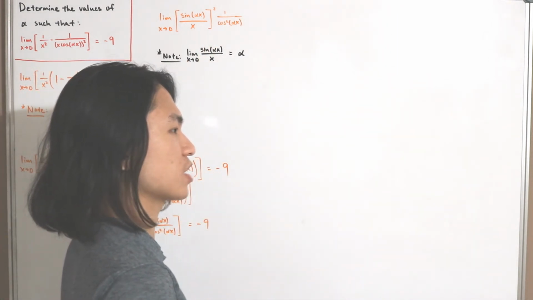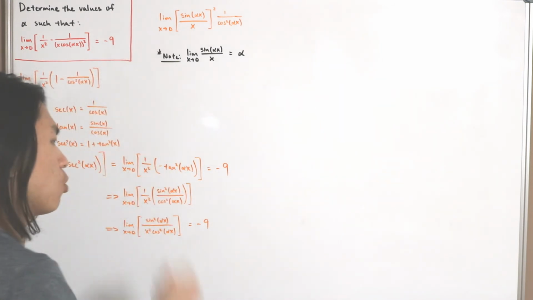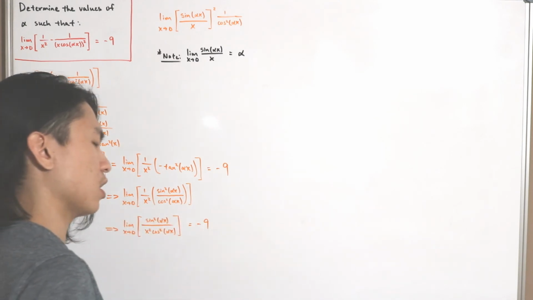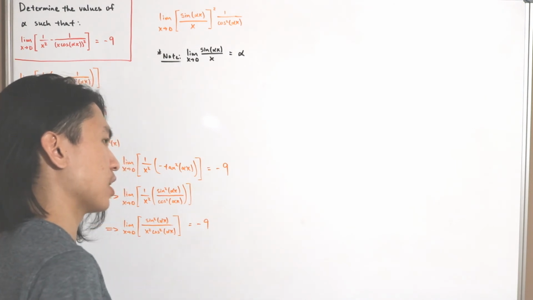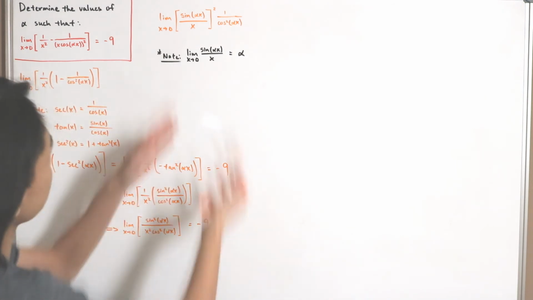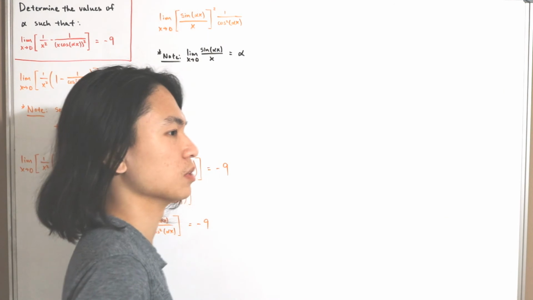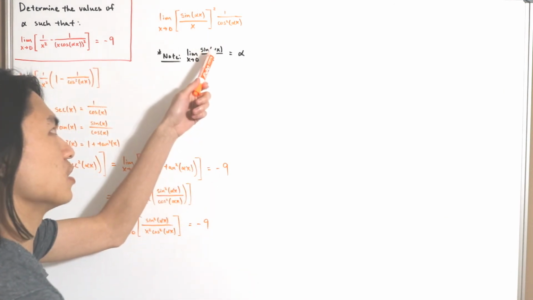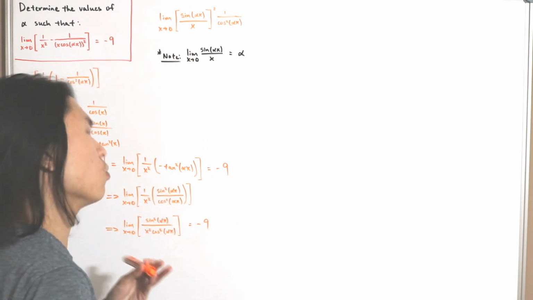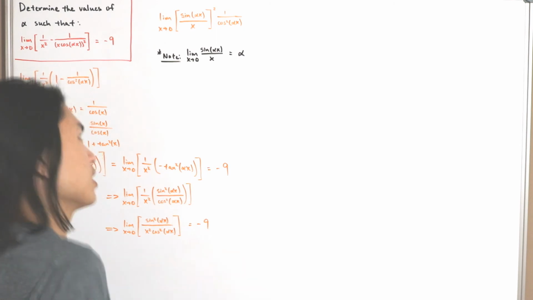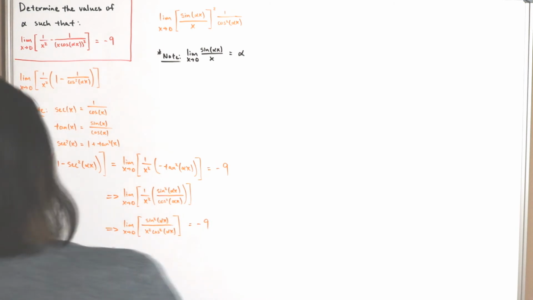You actually use your sketch of the quarter arc of the positive quadrant, and with the triangle included, you use those lengths and comparisons to help evaluate this limit. I can leave the link in the description below if you want to check out that proof. It doesn't deal with a constant alpha, it just deals with alpha equal to 1. So sine of x over x, and then you take its limit as x approaches 0, and you get that it's equal to 1.